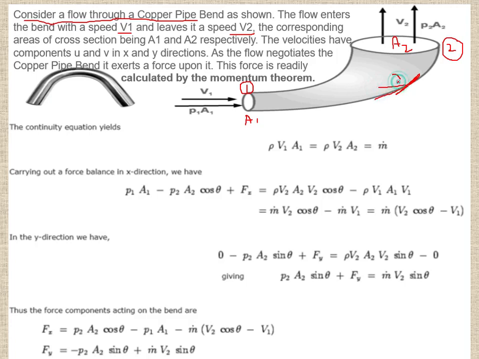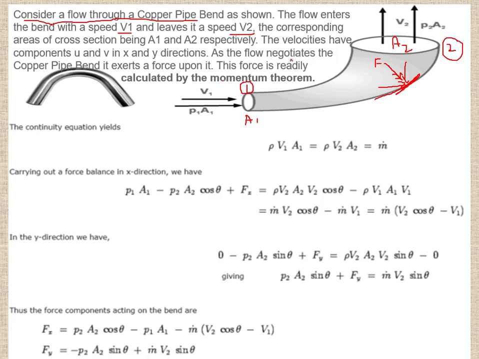So this is x direction and this is y direction, and this is the force exerted on the bend. We can call it F, and then Fx and Fy. So this force is readily calculated by the momentum theorem.